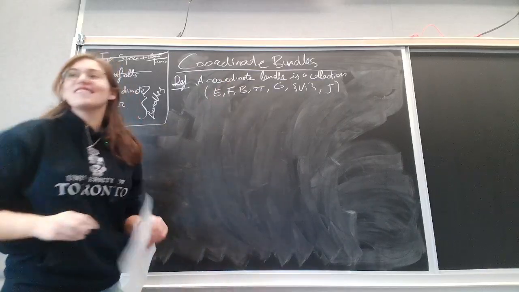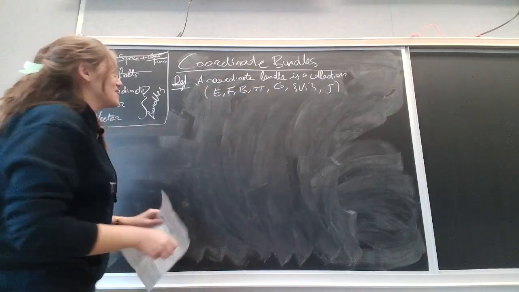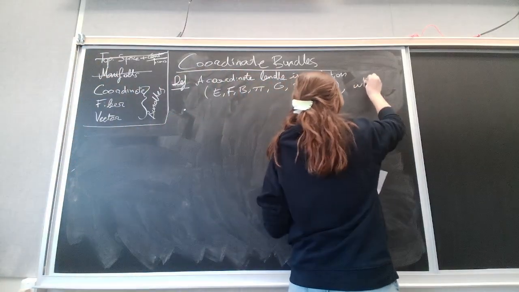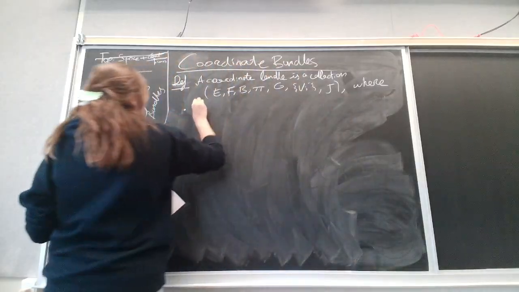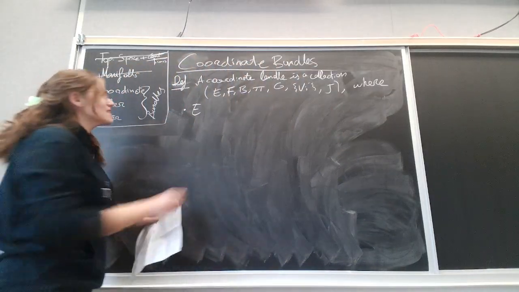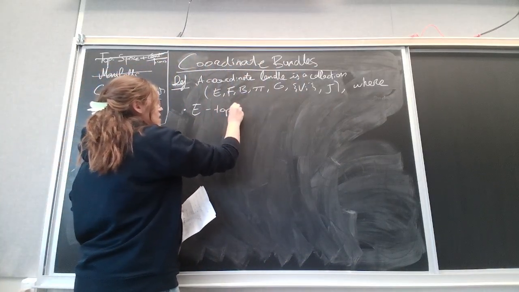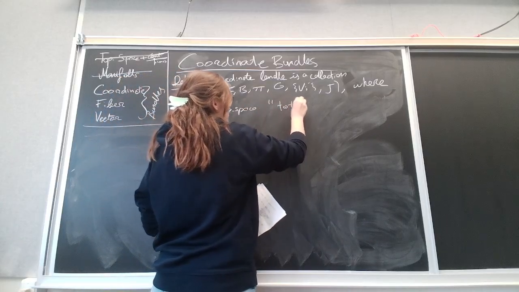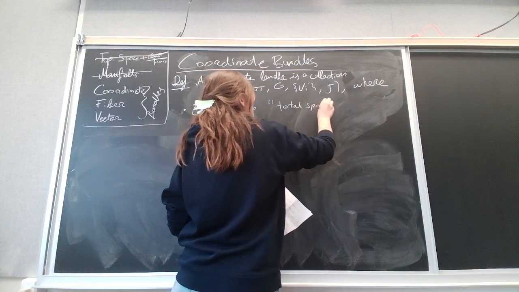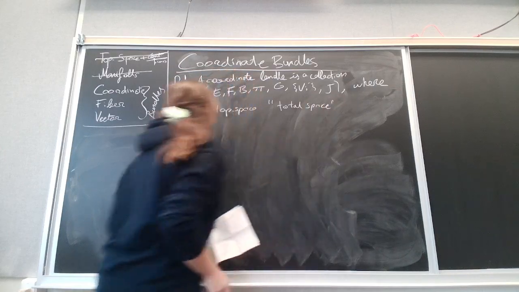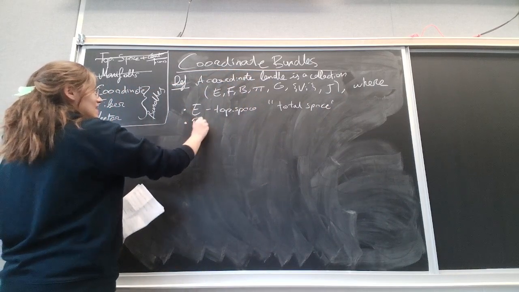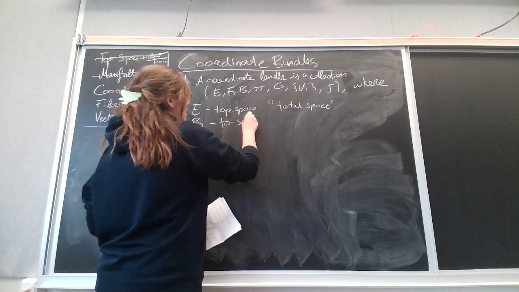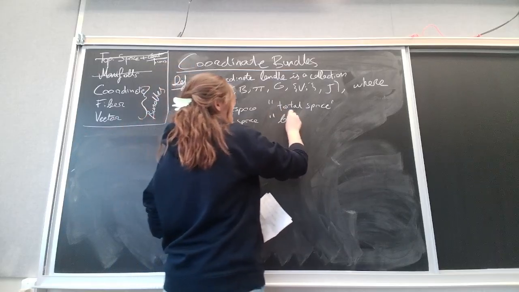Let's get to know our participants in the competition. Where E is a topological space that is called the total space. We will call this the total space. This will make sense in a minute. B is also a topological space, which we'll call the base space.